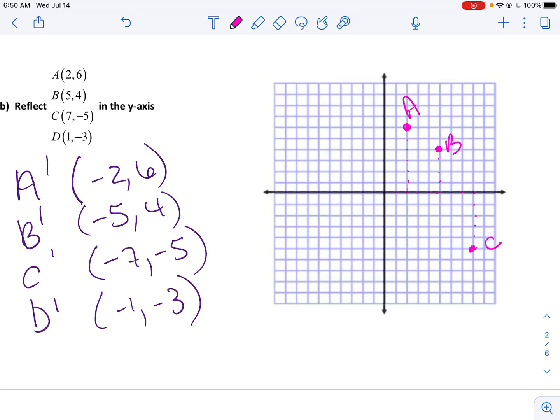And that is C. And then I go over 1, down 3. And that's D. And yes, you're supposed to be drawing your lines like so.